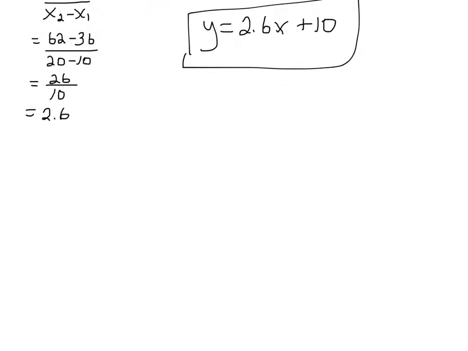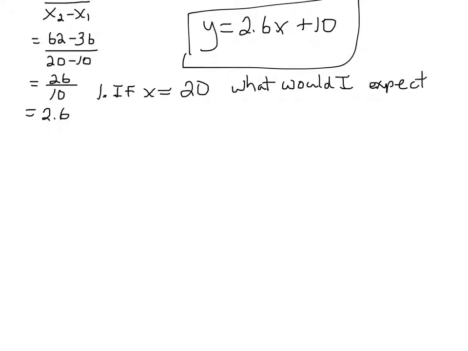They wouldn't necessarily ask it this straight out, but here's what we can do. Question example number 1: if x equals 20, what would I expect my y to be?